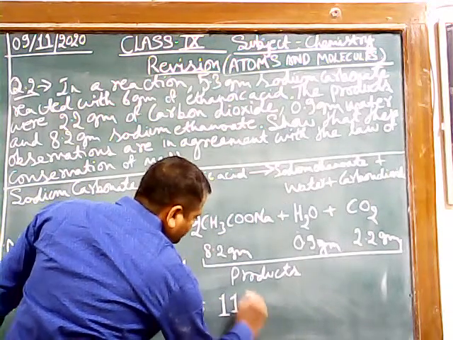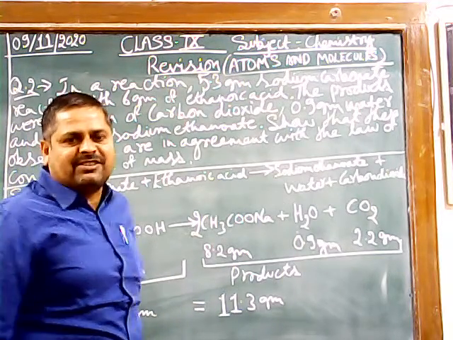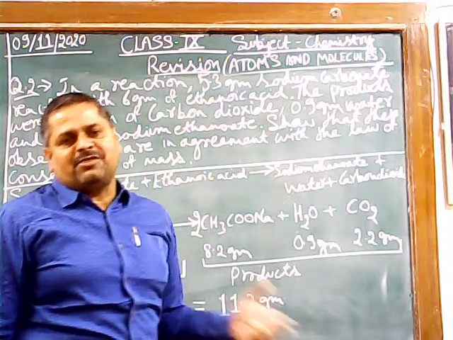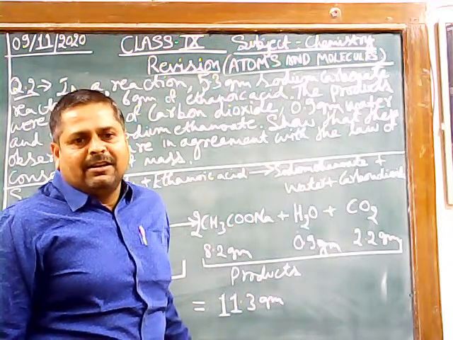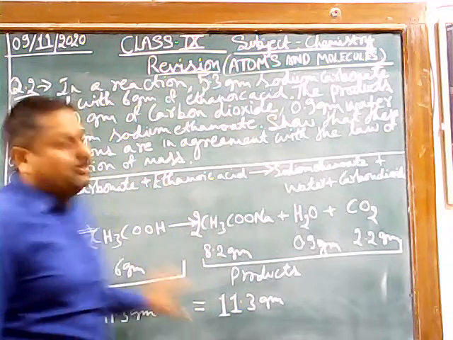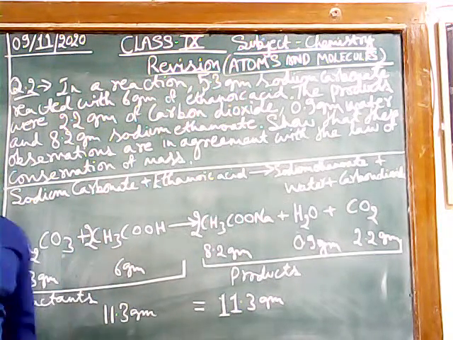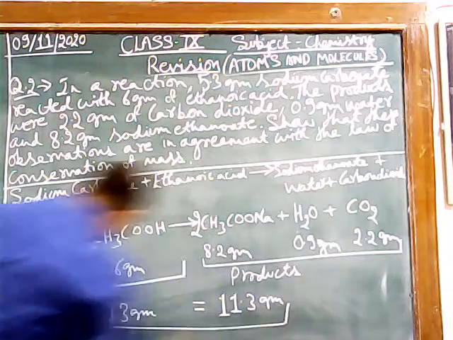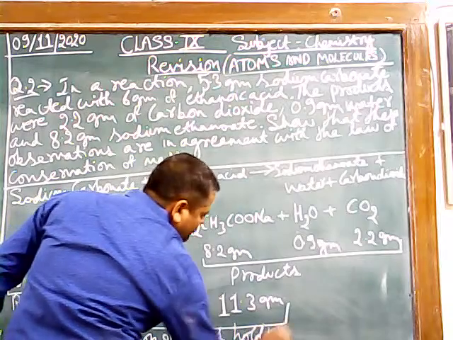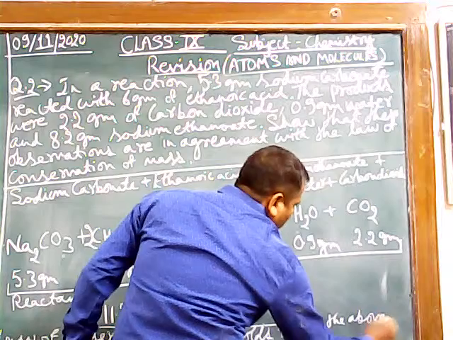So now, the law of conservation of mass states that during a chemical reaction, the total mass of all the reactants is equal to the total mass of the products. So the law of conservation of mass holds good in the above reaction.